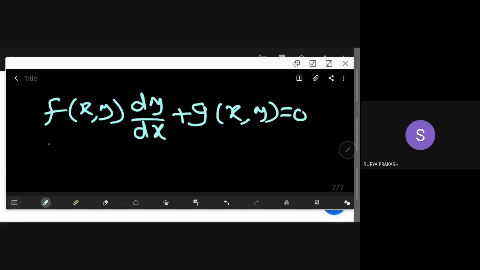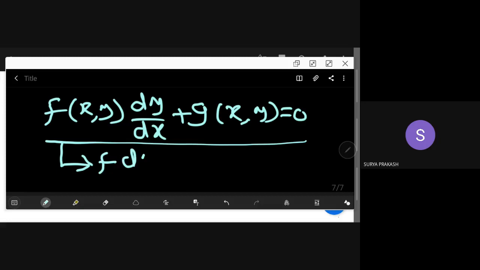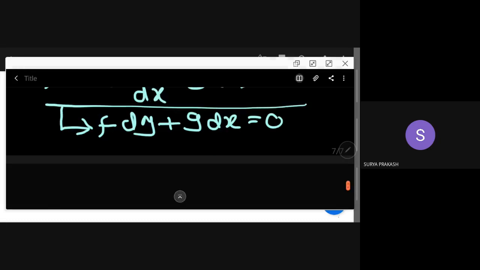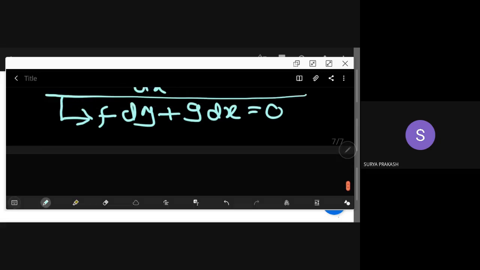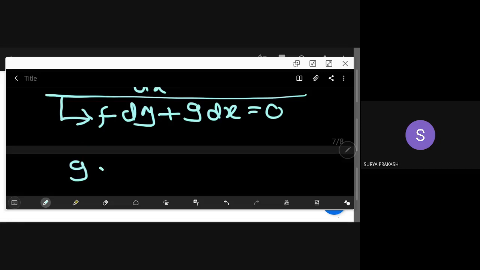Now this gets transformed to, you just simply multiply like LCM. I'm not writing f of x,y, simply I'm writing f dy plus z dx is equal to 0. So in our formula, which I have shared in the PPT, it is M dx plus N dy. So simply z dx plus f dy is equal to 0. What is the condition for exactness?